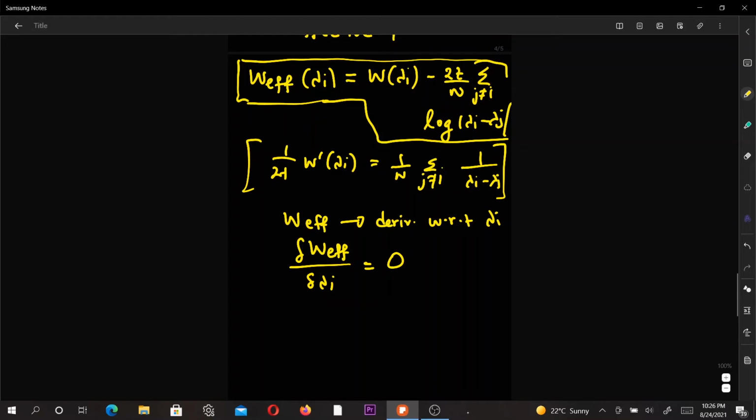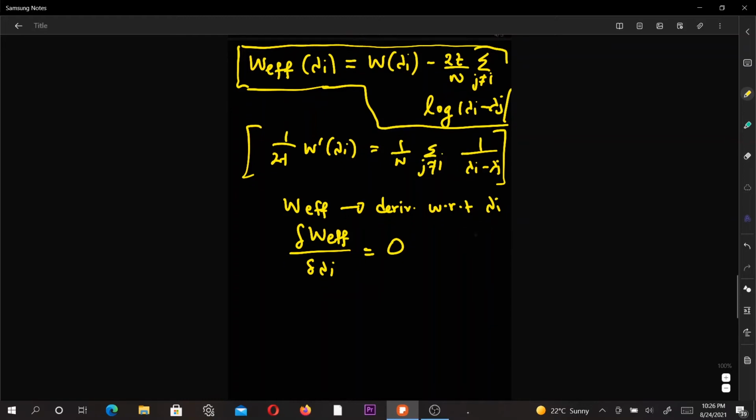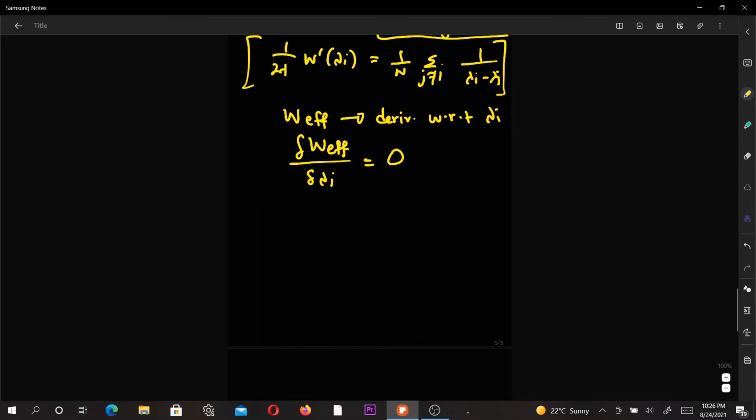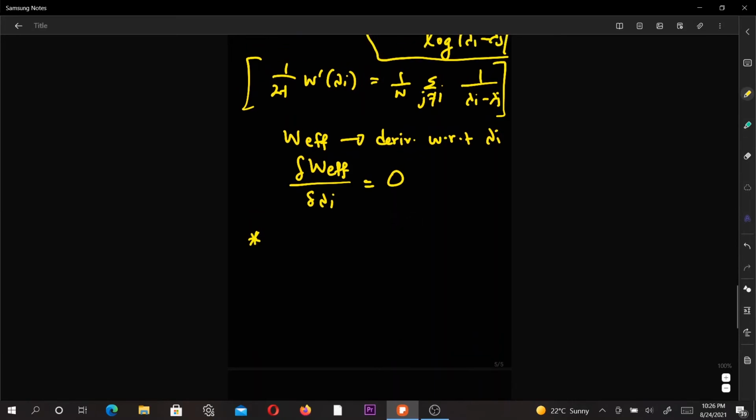And this effective potential term offers us some physical insights into the problem. How is it so? First, in the effective potential there is a logarithmic term, and sometimes it's called the Coulomb repulsion term.